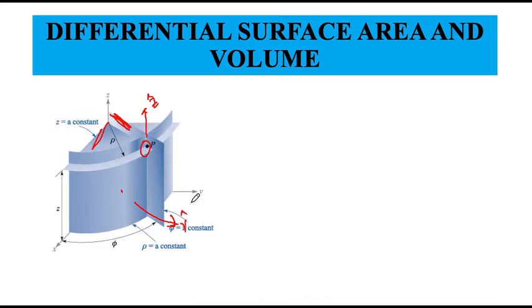The phi direction means keeping z fixed and r fixed, but vary theta. So this is called the theta direction.